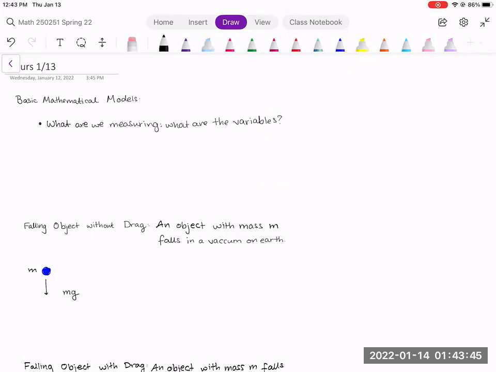When we begin, we should name the things that we're going to be measuring and tracking. So we'll call things S or X or whatever. We also want to think about what our units should be.